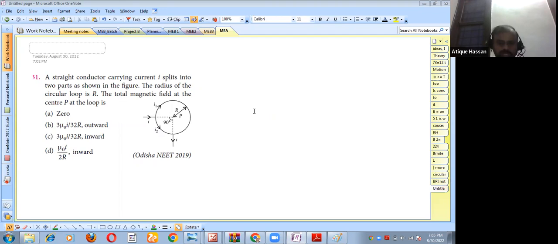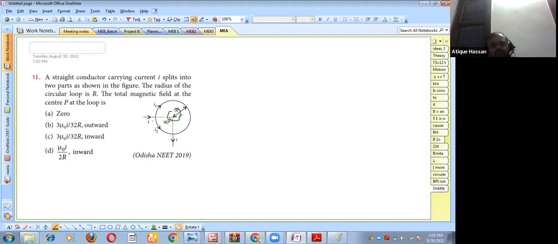So basically, here what happens, we have to find the magnetic field at the center, right?